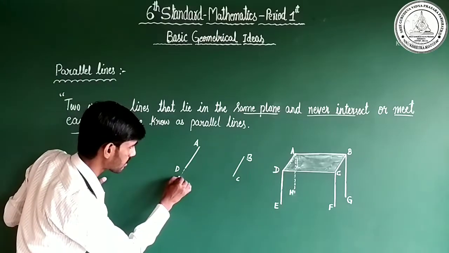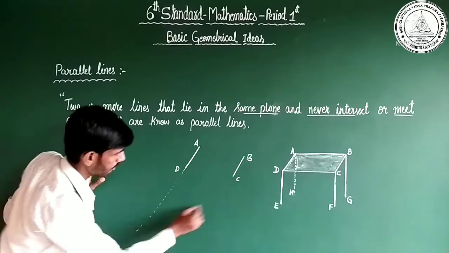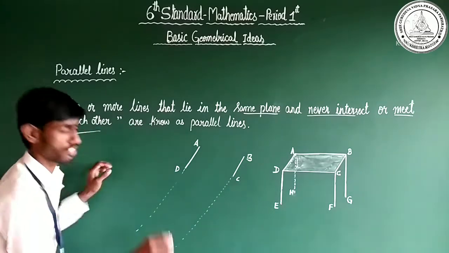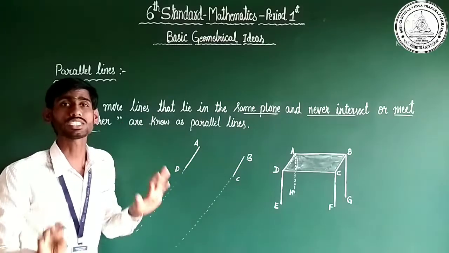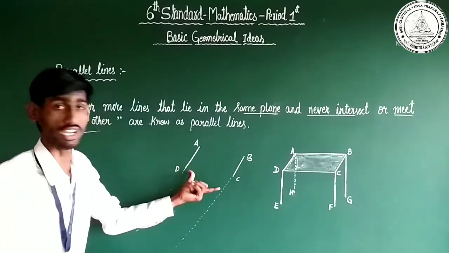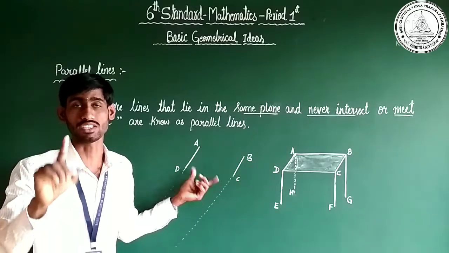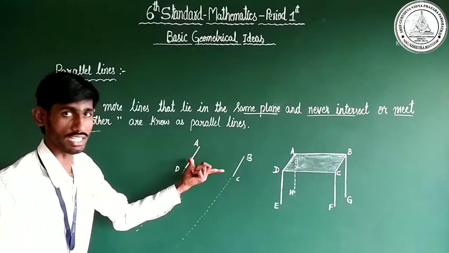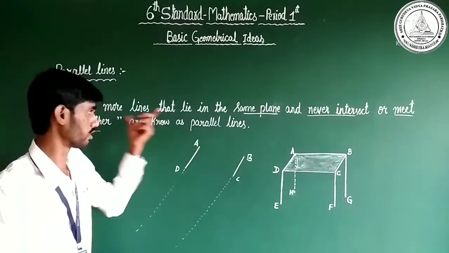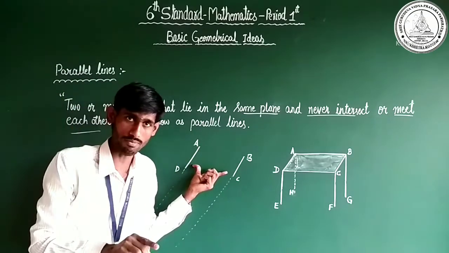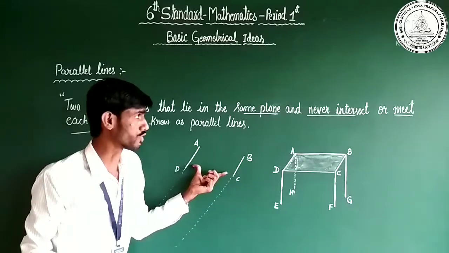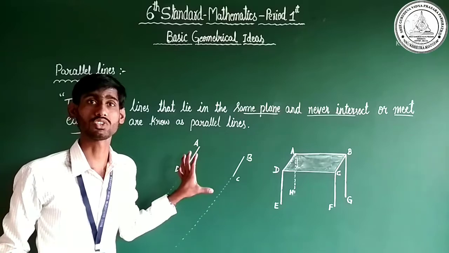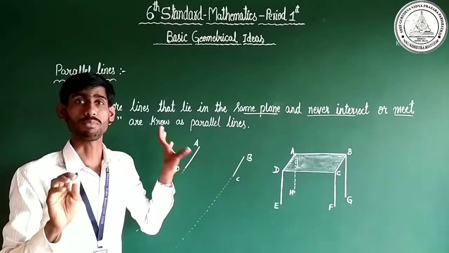If we extend endlessly, it is highly impossible to intersect. They can't intersect each other. That's why we say these two lines are called parallel lines. What is the definition of parallel lines? If two lines are in a single plane, never intersect, and never meet each other, those types of lines we call parallel lines.